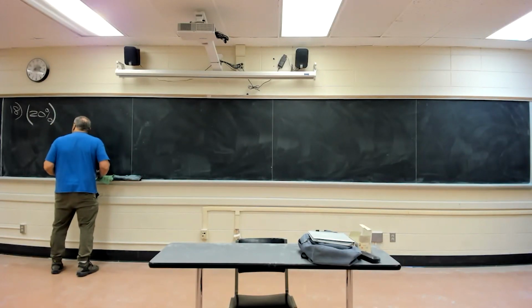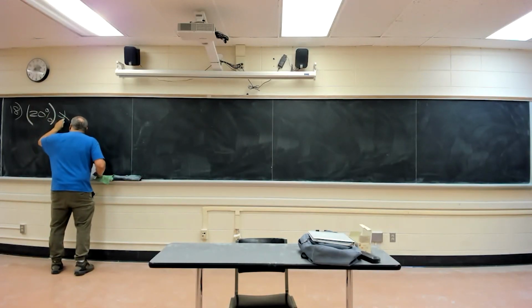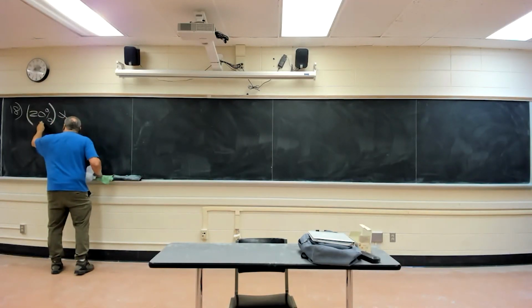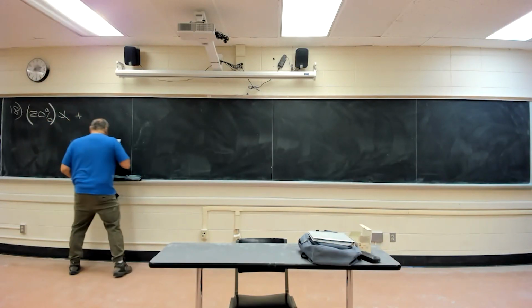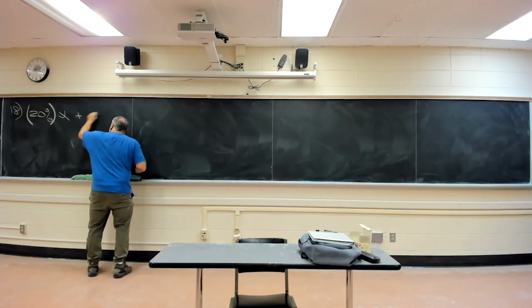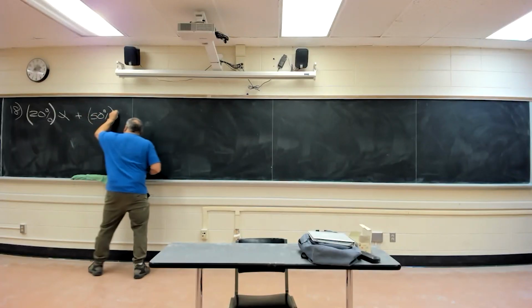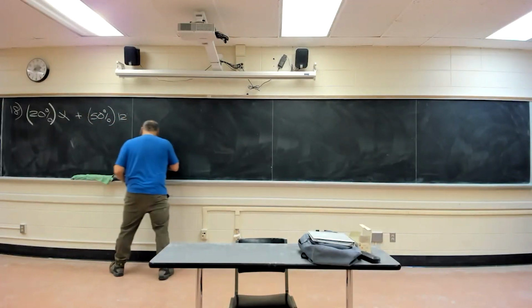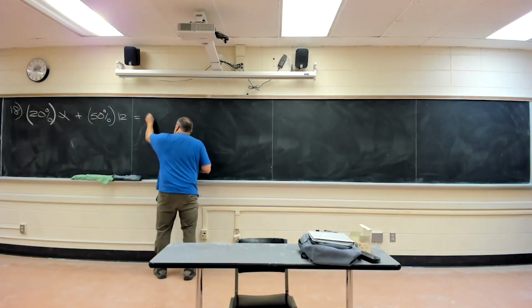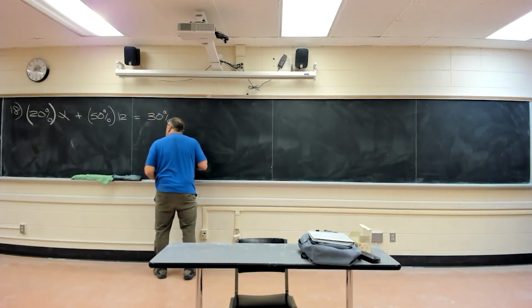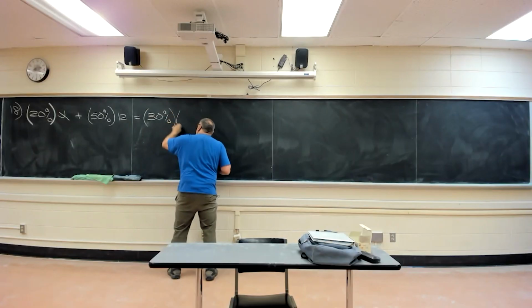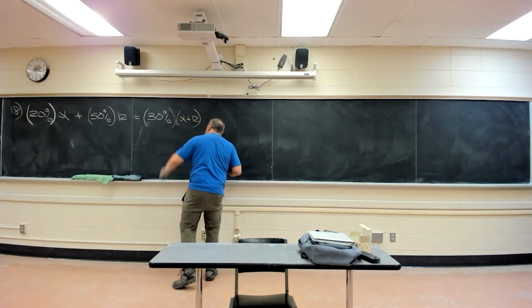I don't know, so we'll call it X. X liters of solution times 20% will tell you how much pure alcohol is present. 50% times 12 will tell you how much pure alcohol is present there. And the pure alcohol at the end is going to be 30% times X plus 12, because it's a solution together.